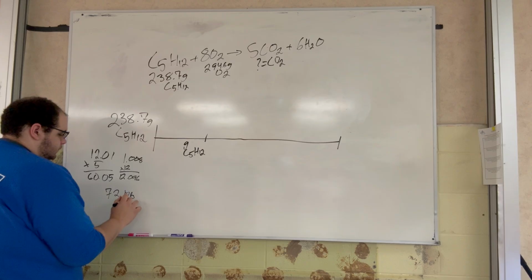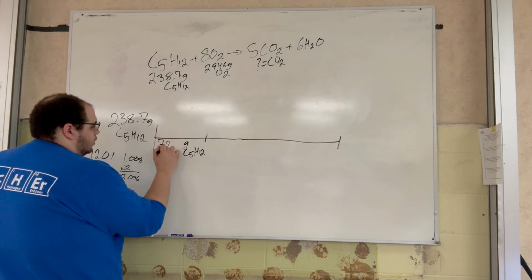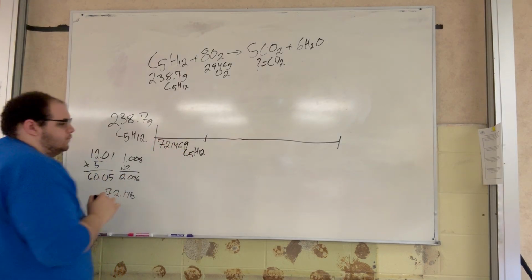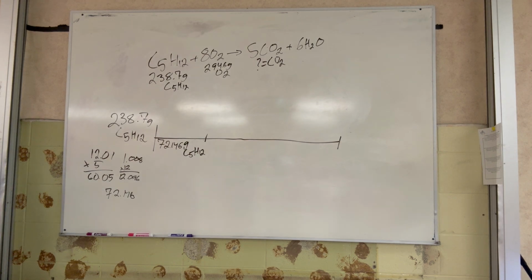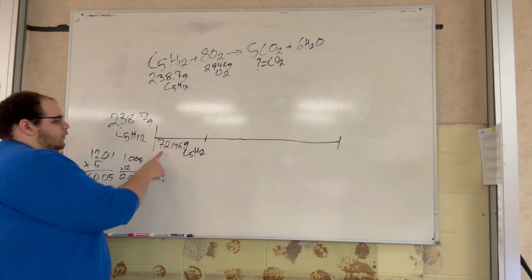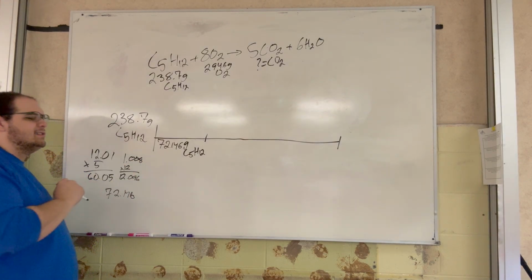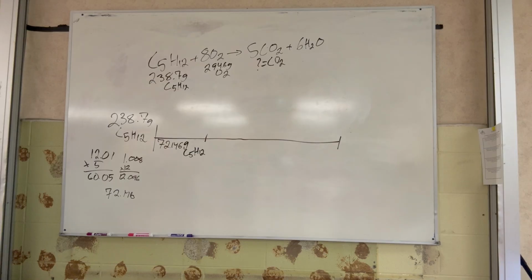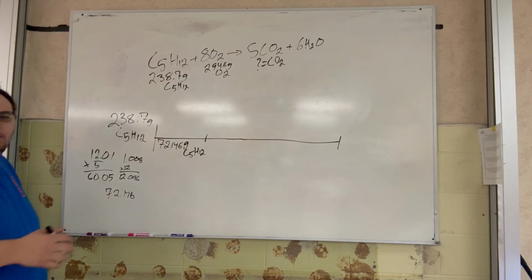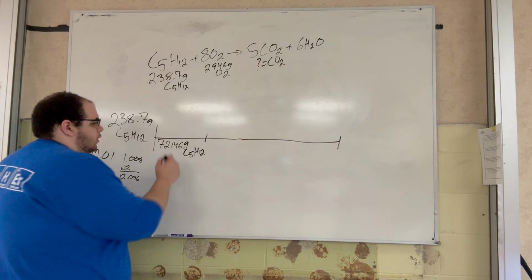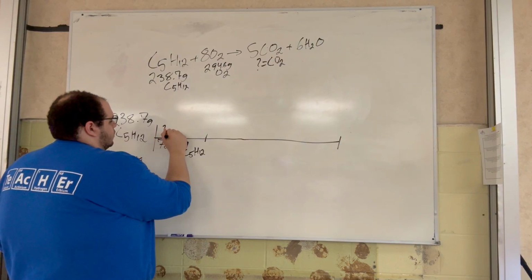Perfect. Molar mass for C5H12, 72.146. Is that what everybody got? What's going to go on top of that? We're saying for every 72.146 grams of C5H12 is what? 1 mole.